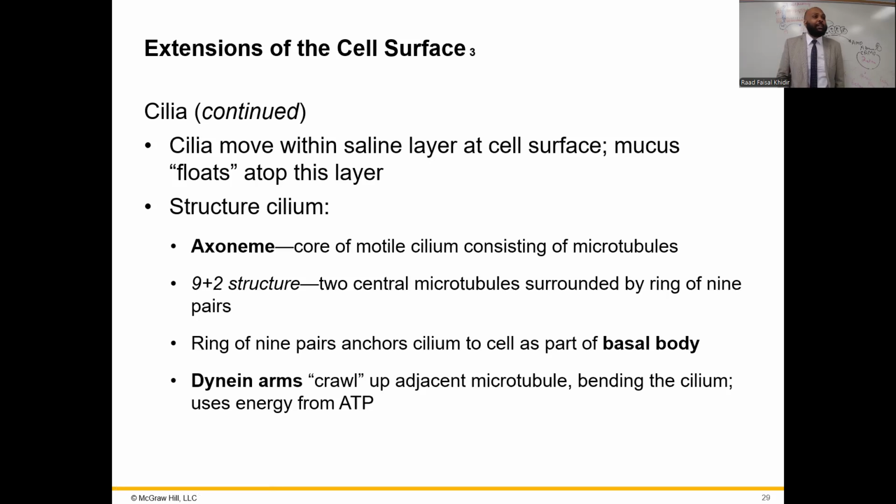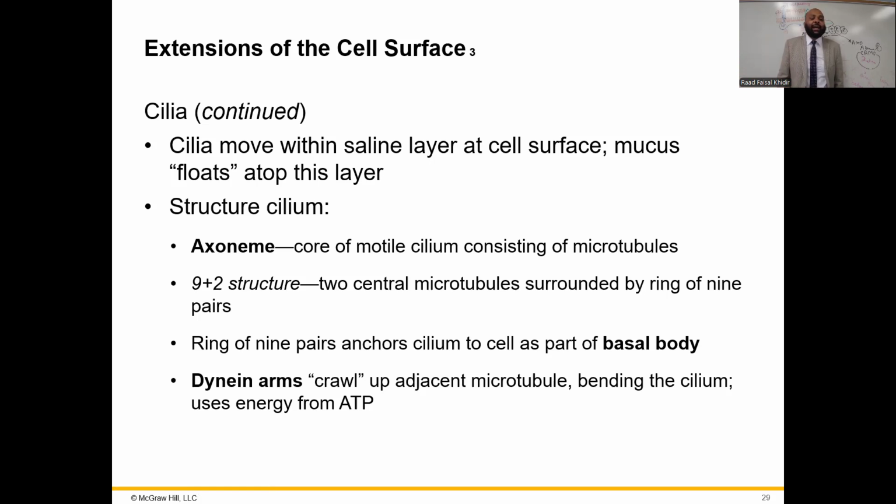So that's the first distinction between microfilament and cilia. Microfilaments are for absorption. Cilia are for movement. Microtubules are in the cilia, while microfilaments are in microvilli. Microvilli are for absorption and increasing the surface area, while the cilia is for movement.